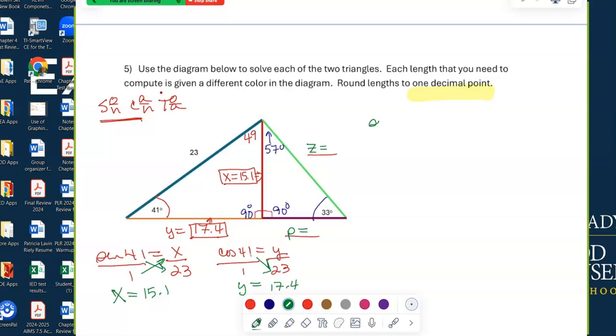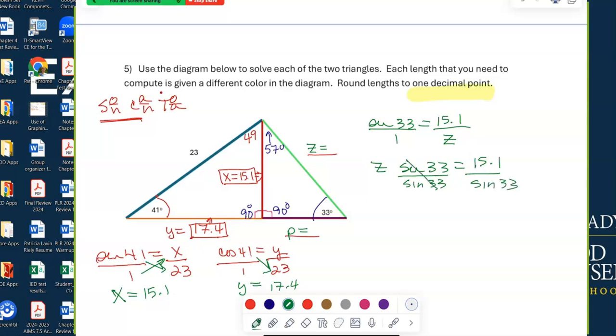So I'm going to say that the sine of 33 equals opposite, which is 15.1, over hypotenuse, which is Z. So two-step problem, Z times the sine of 33, doing cross products, equals 15.1, that's step one, divide by sine 33, divide by sine 33, and you will get your Z.